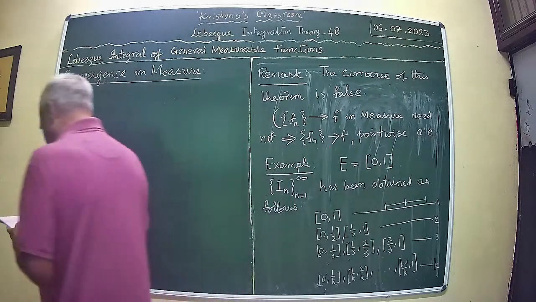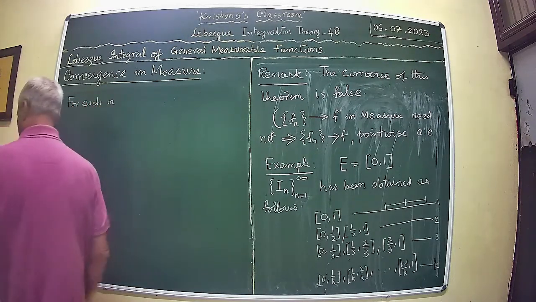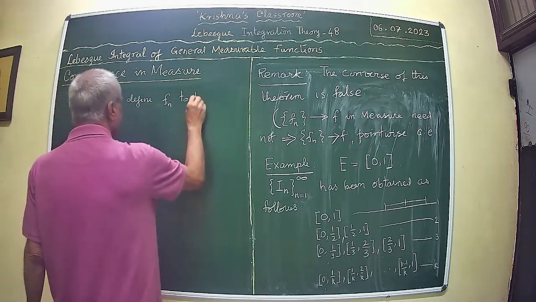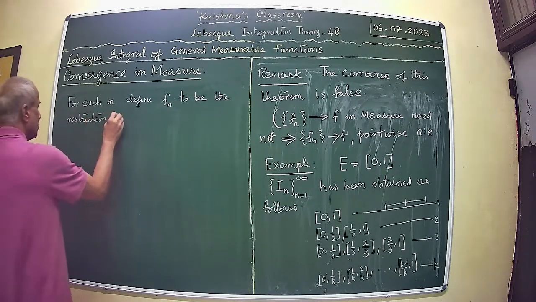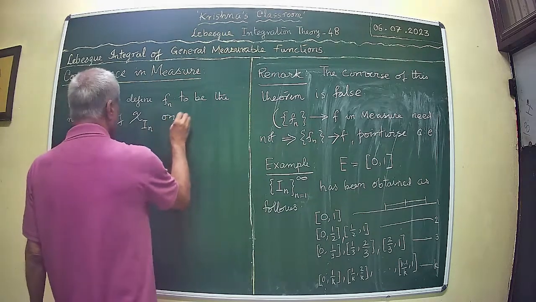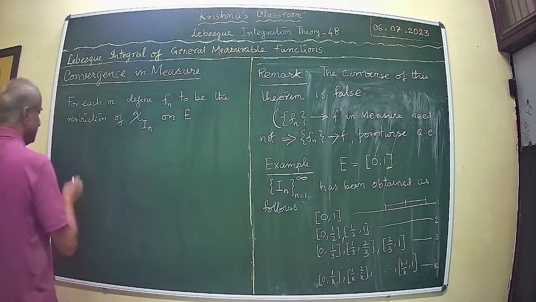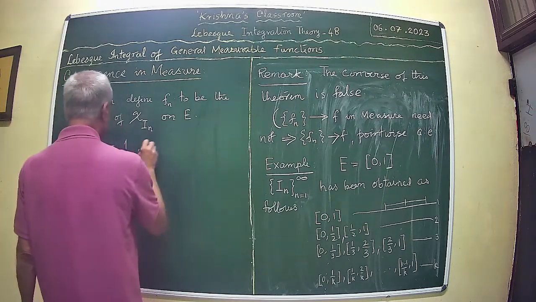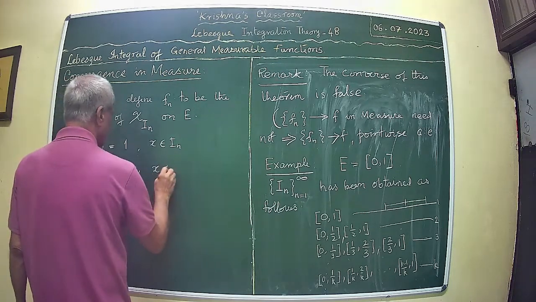So let us construct Fn for each n. Define Fn to be the restriction of the characteristic function of In on E. That means you have Fn of x equal to 1 when x belongs to In, and this is equal to 0 when x does not belong to In.